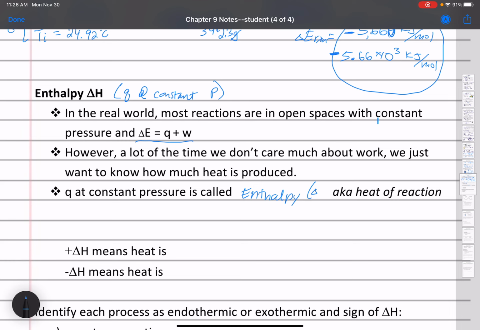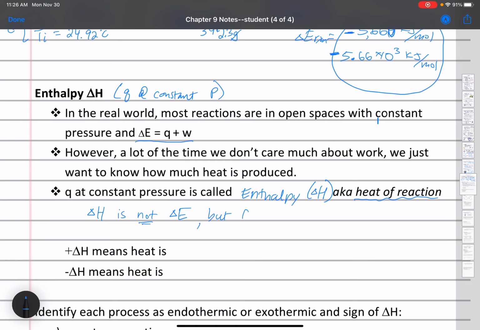So we call that heat at constant pressure enthalpy, and we abbreviate it as delta H. It's also sometimes referred to as the heat of reaction. So I'll use both of those terms when I'm talking about delta H. Okay, so just to reiterate, enthalpy is not the change in energy.